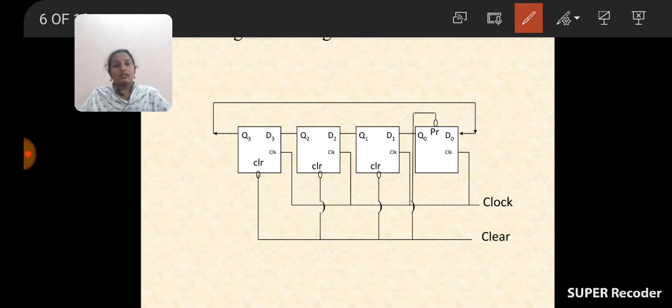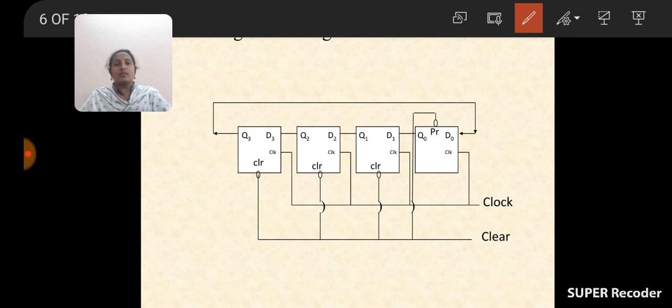And here in ring counter, the output of the first flip-flop always acts as an input for the next one, and so on for all the flip-flops. Output of first one acts as an input for the second one, and the output of second one acts as the input for the third one. So in this way Q0 is connected to D1, Q1 is connected to D2, Q2 is connected to D3.